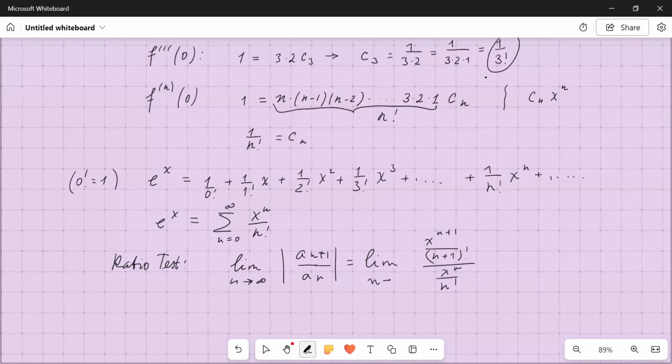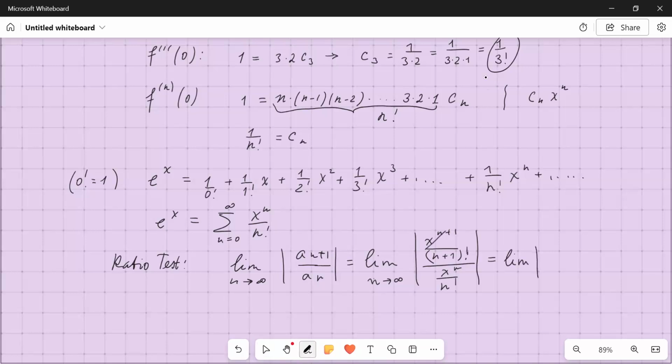Actually, guys, we did this one time already when we were doing the radius of convergence, and I told you that's the exponential function, but now we know that it's the exponential function. Let's simplify this limit a little bit.